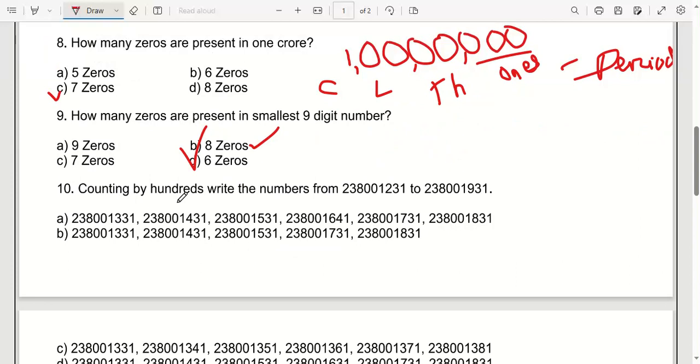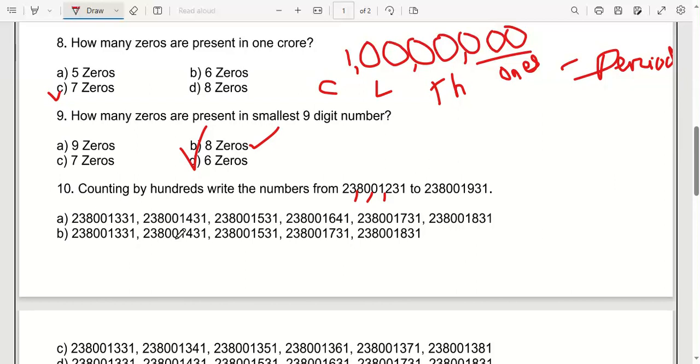Next, counting by hundreds, write the number from 23 crore 80,000. First 23 crore 80,000.